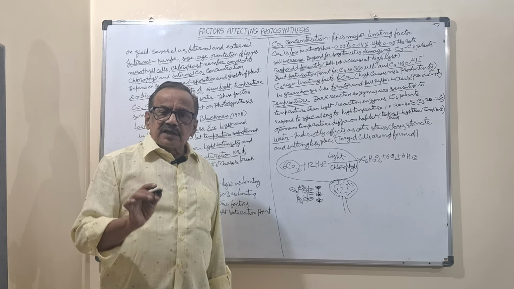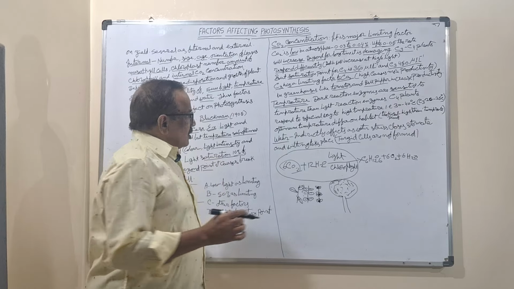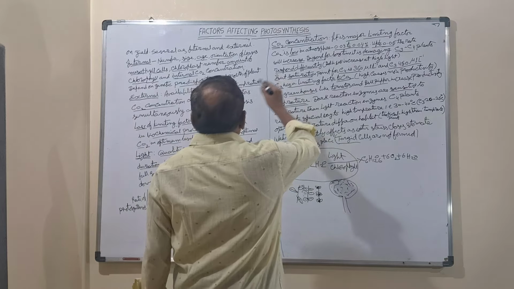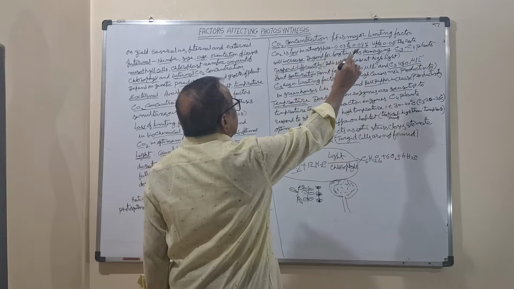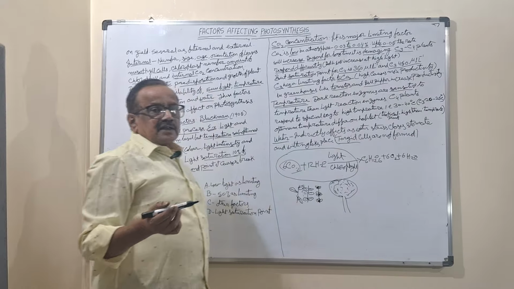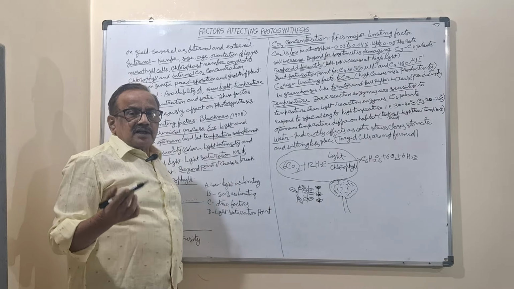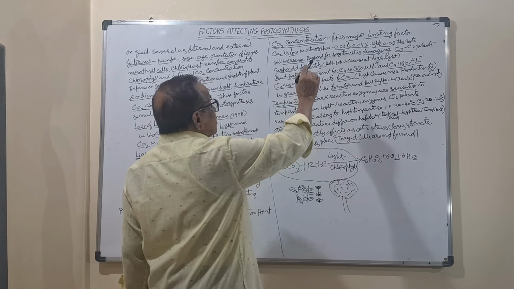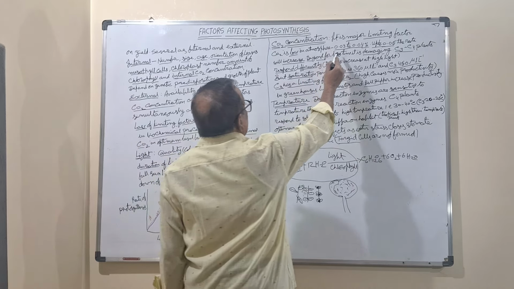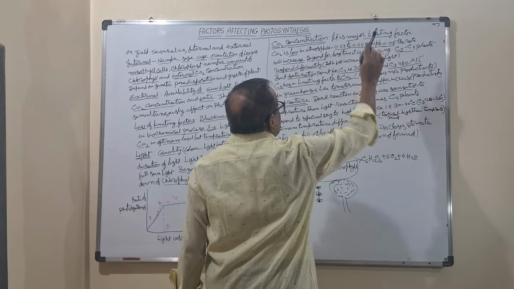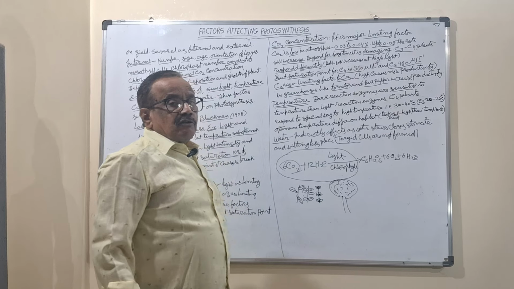This is out of syllabus, but chances are there. So here you see, as I discussed, carbon dioxide concentration is a major limiting factor because carbon dioxide is important for the formation of sugar. So it is a limiting factor. Why? Because in the atmosphere it is a very small percentage. How much? It is 0.03 to 0.04, up to 0.05.